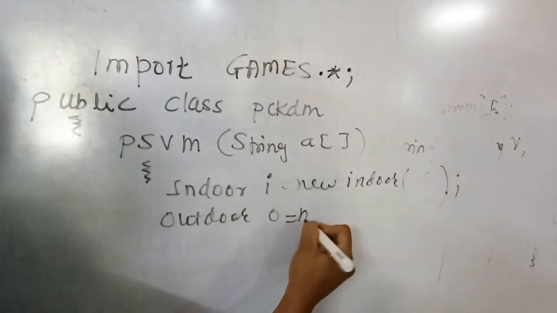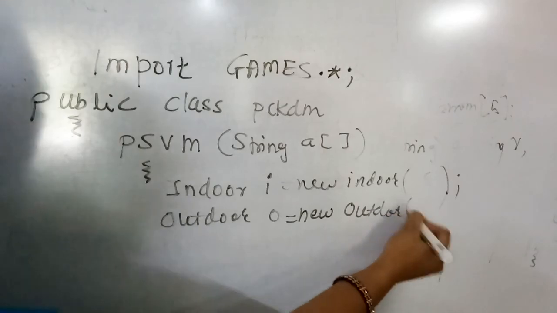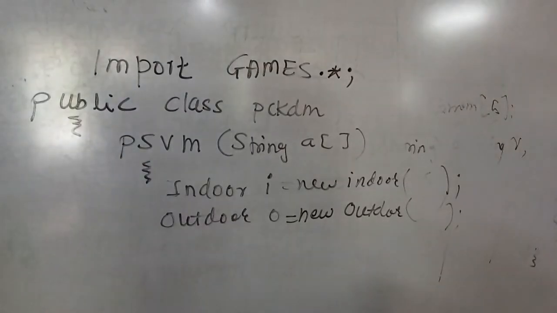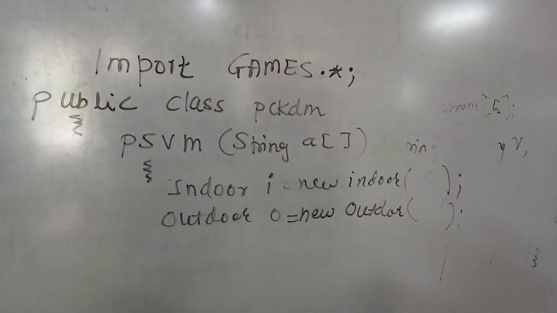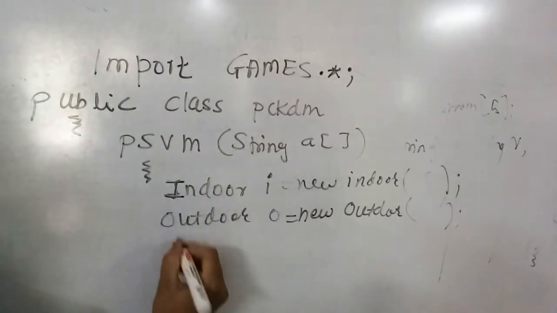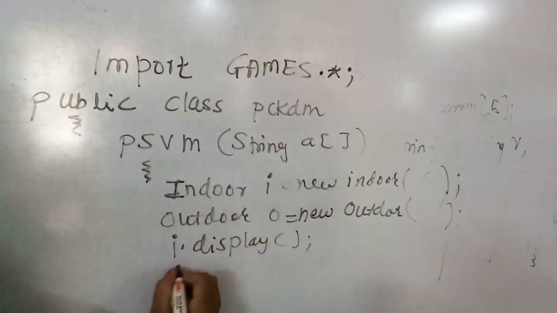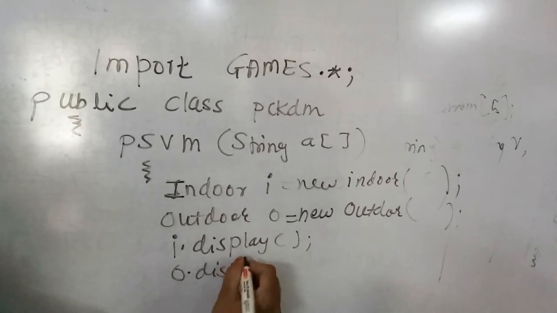Now outdoor type O is also like new outdoor, and in brackets you will accept different outdoor game player names, and at the last you only have to call the functions like I dot display and O dot display.